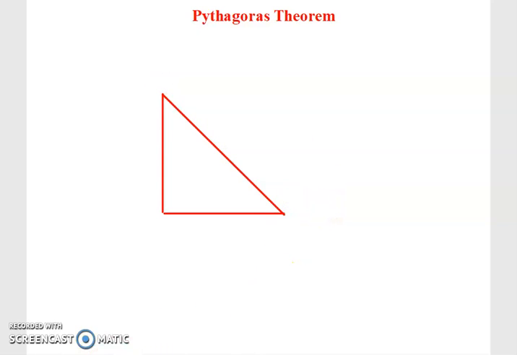Alright, so if this is my right angle triangle, the right angle would be here, then the longest side is our hypotenuse. Remember, that's the longest side of the right angle triangle. That's called the hypotenuse.